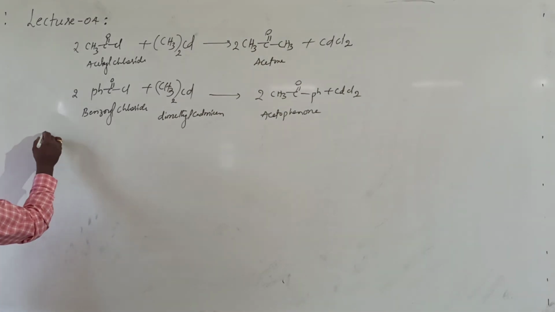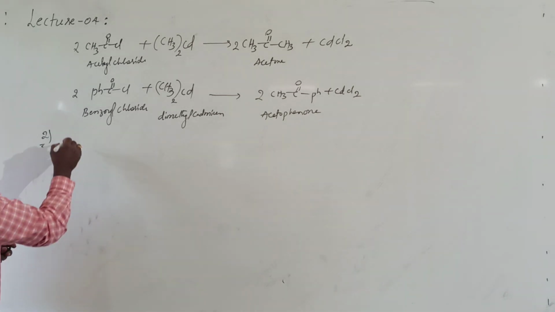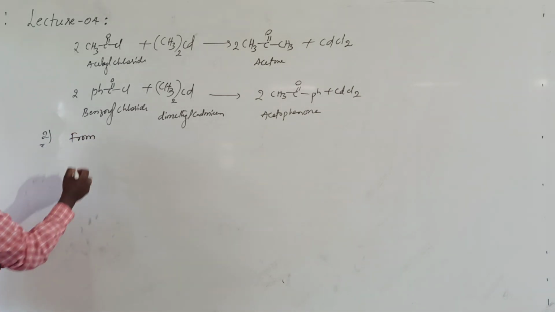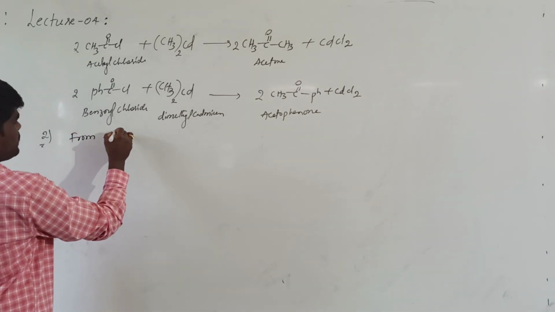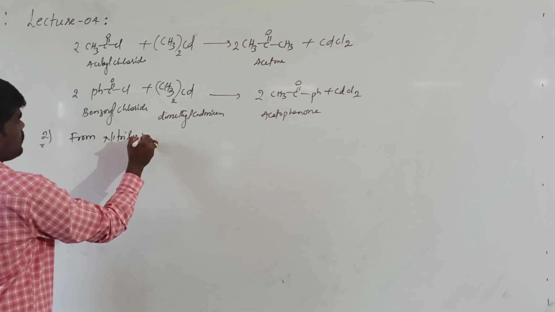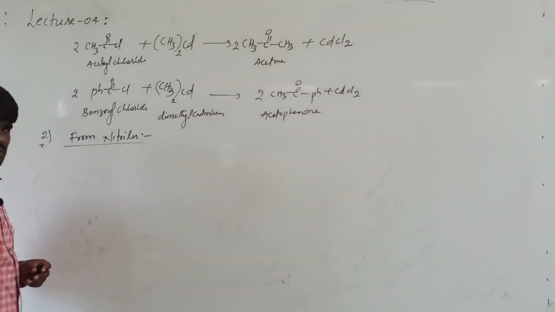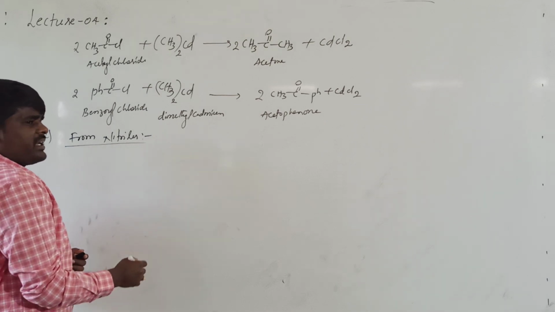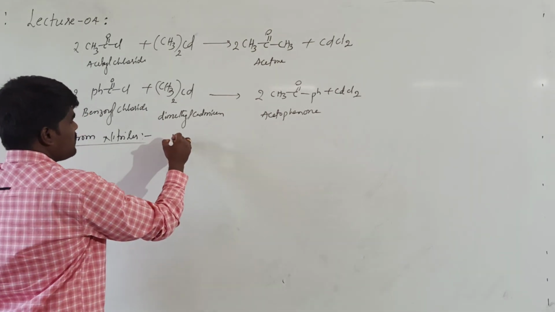Now, the second method, from nitriles, preparation of ketones from nitriles. What are nitriles? Basically, the cyanides are also called as nitriles.